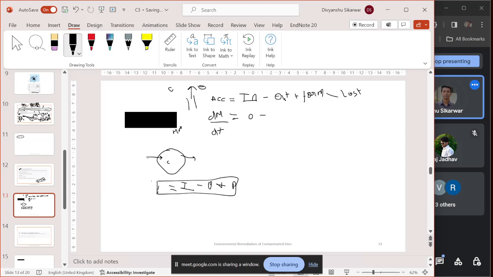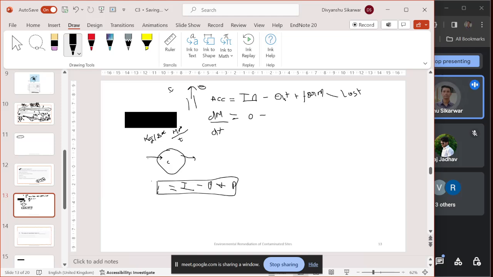Unit of mass divided by time. So if I take it as kg per second, for example, this is how we will get mass per unit time.